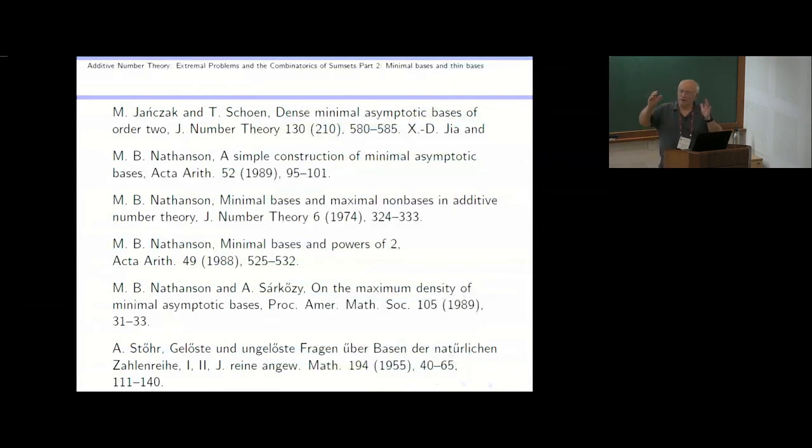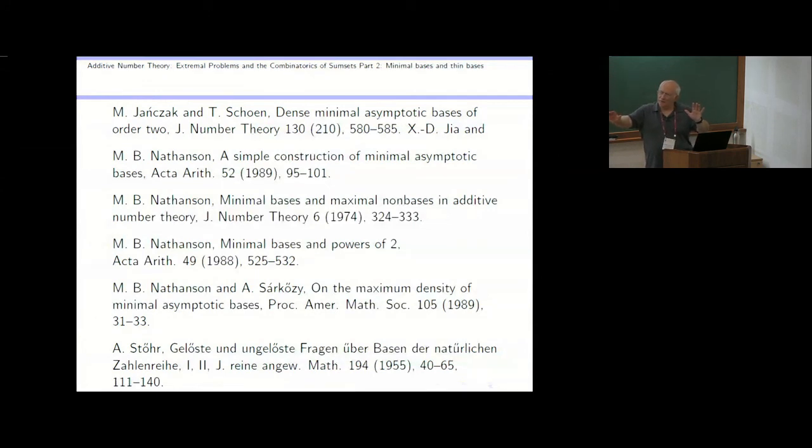So suppose you partition the integers into two sets A and B, where A is an asymptotic basis, and B is not. So A is a basis and B is a non-basis. But if you take any element of A and move it to the set B, your A with this one element gone is no longer a basis.